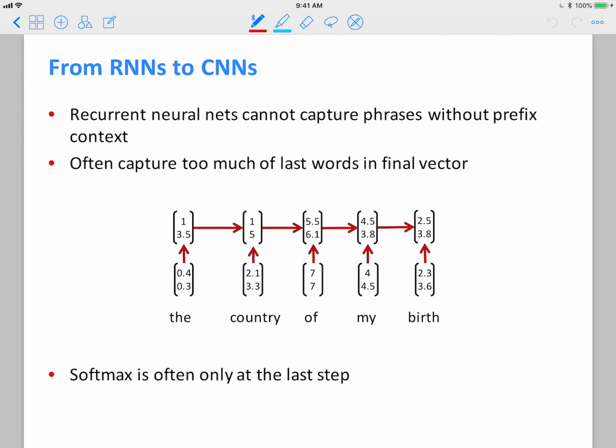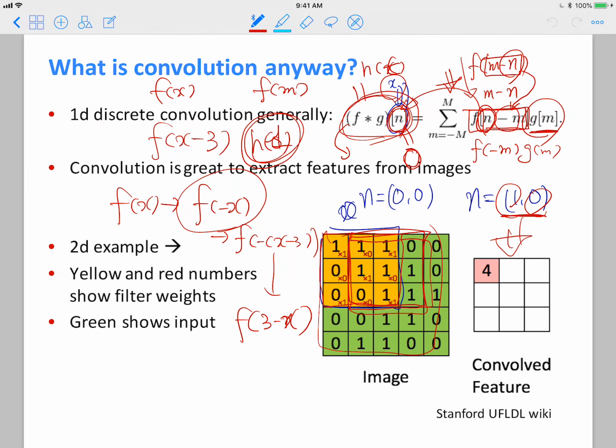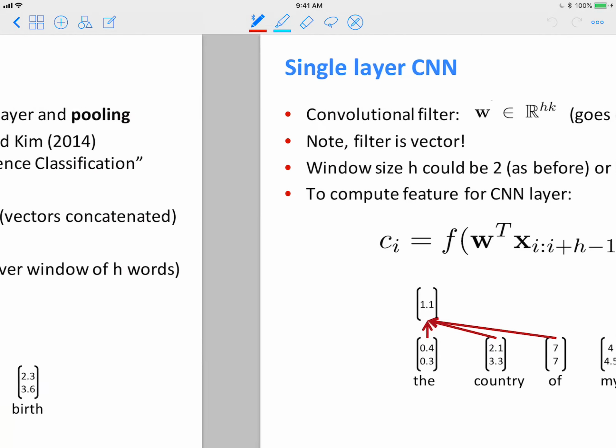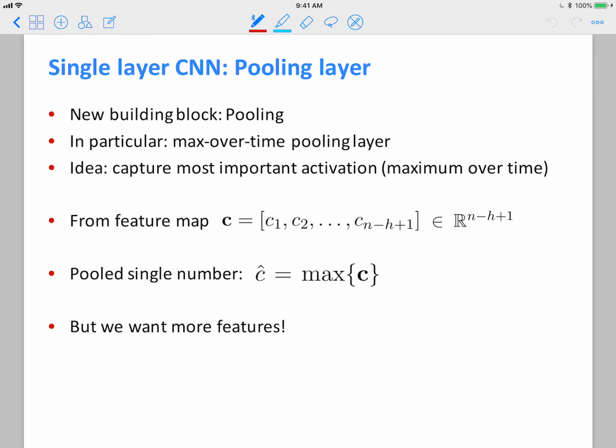Okay, let's think about the convolution thing in the text case. So, any questions in this chapter?